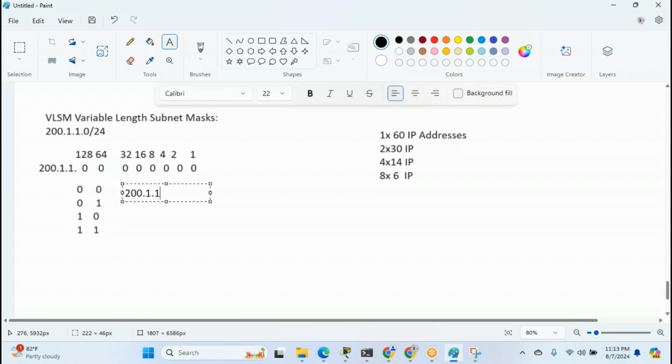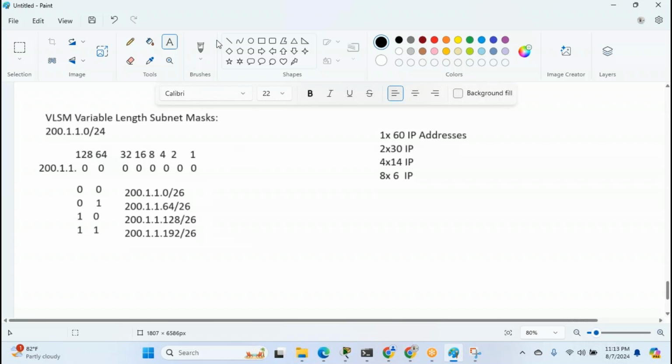The first one is 200.1.1.0/26. The second one is 200.1.1.64/26. Then 200.1.1.128/26, and 200.1.1.192/26. So these are the 4 subnets of 62 hosts.